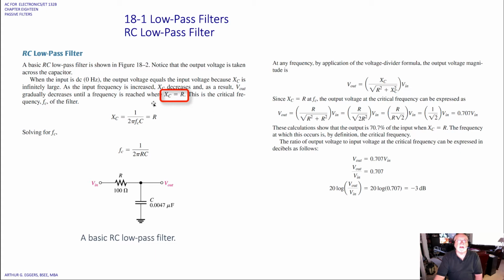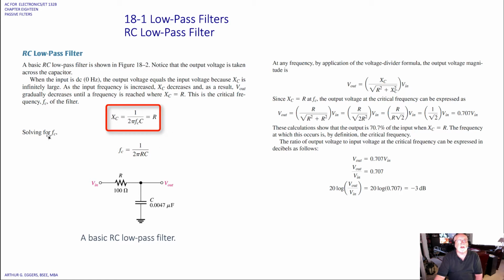So in this case then, we start with X sub C from using the familiar expression 1 over 2 pi F sub C times C, and we set both sides equal to each other. Okay, so we have essentially X sub C equals R, but we know that X sub C equals 1 over 2 pi FC.